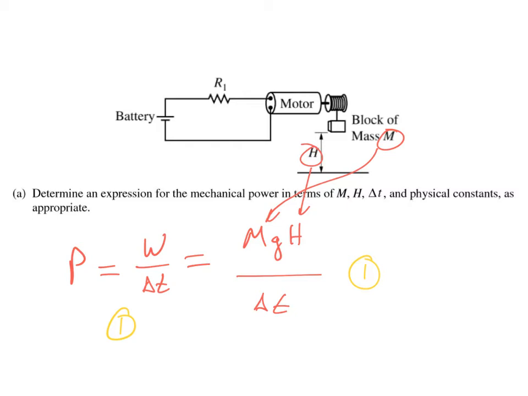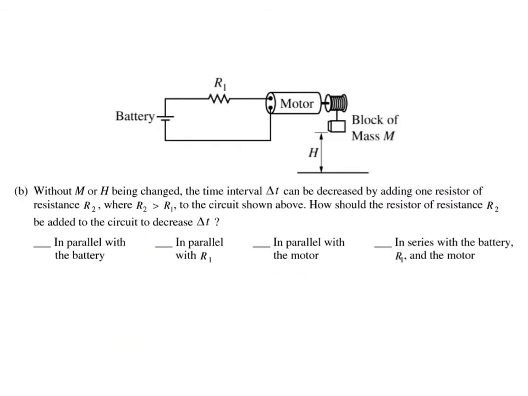All right, so now let's get into the bulk of this question, which is the paragraph length response. So our follow-up question states that without M or H being changed, so this M here, that's constant, this H, it's still going to go up to the same height, how can we affect the delta t?